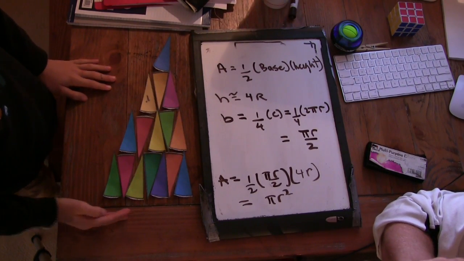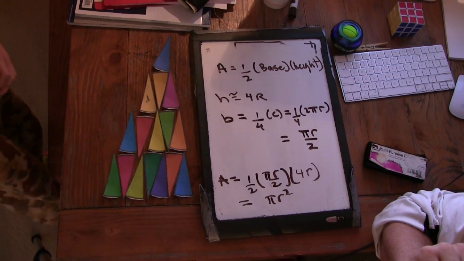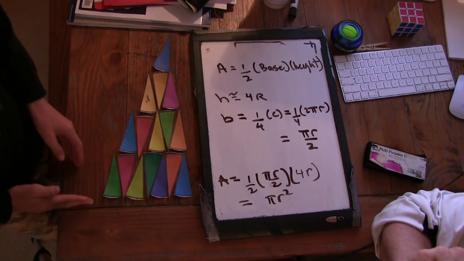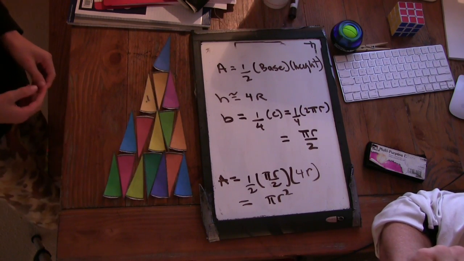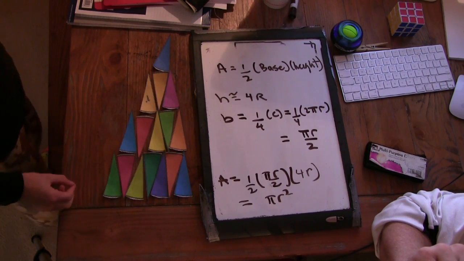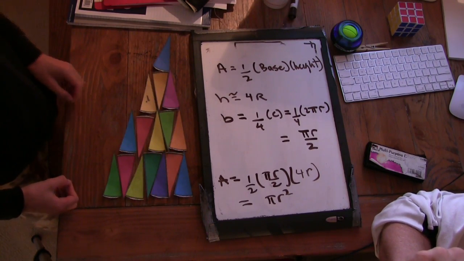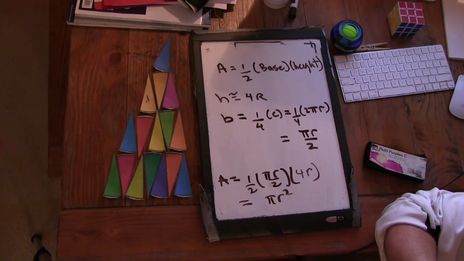Previously, our rectangle would stay the same. But if you use more for the base, and the pieces are thinner, the base is going to stay the same length. Maybe it stays the same.